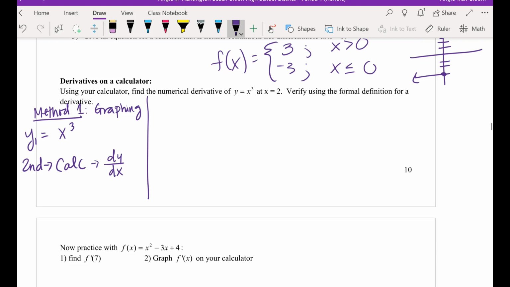Okay. Did it give you this? Guess what this is? This is a graph of the original or the derivative? This is the original. Did you guys agree with that? Okay. Now, remember, I want to find the derivative when x equals 2. How do I do that?